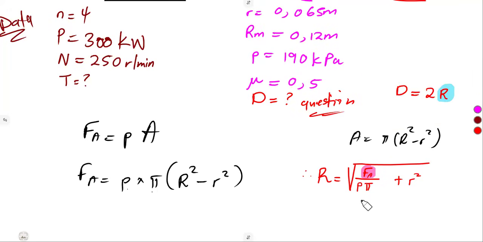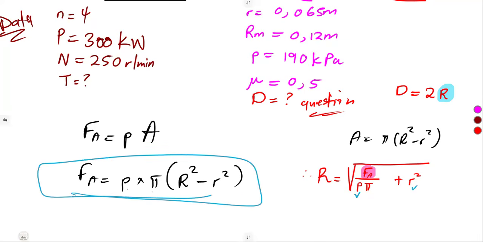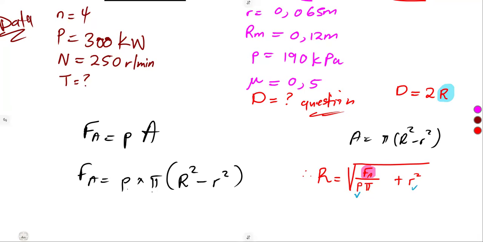All right. We are given the pressure and the inner radius, but we do not have our FA. This is the formula that FA is. So we cannot say, let's go back to this formula and find FA, because there is no radius. It is not there.